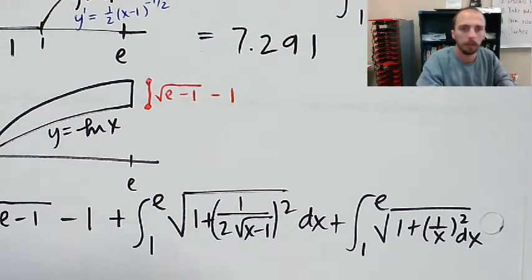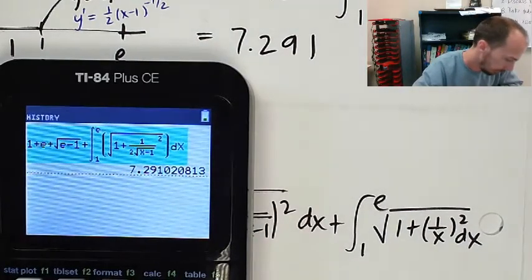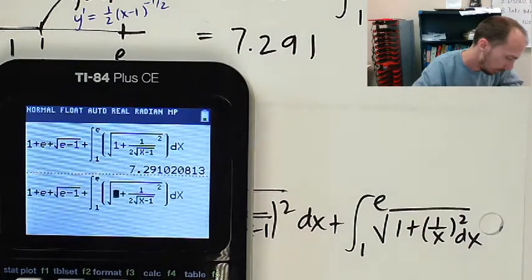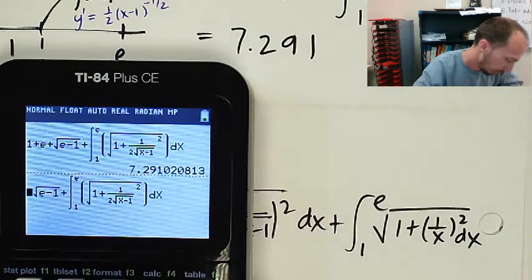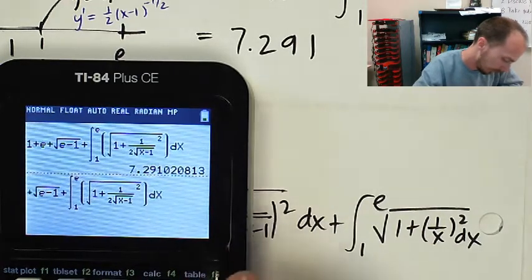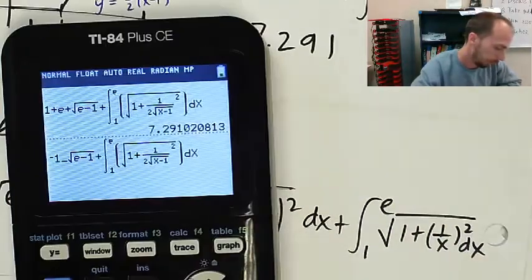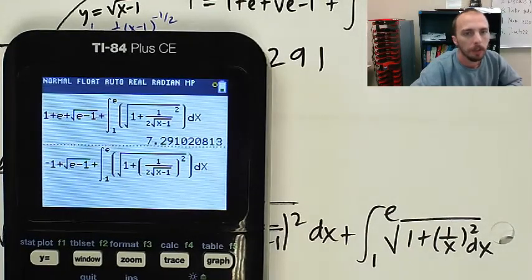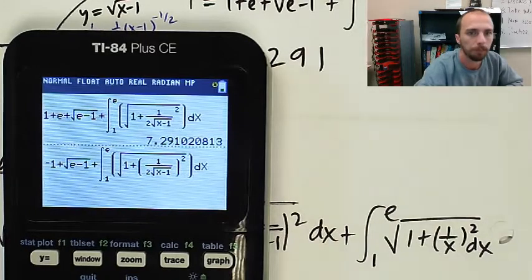And I'm going to do that on the calculator. Maybe I can do a little better on this. So I would want to insert a minus 1 here: minus 1 plus the square root of e minus 1. Plus the first integral, I'll let it think about that one. And then I'll add in this second integral right there.